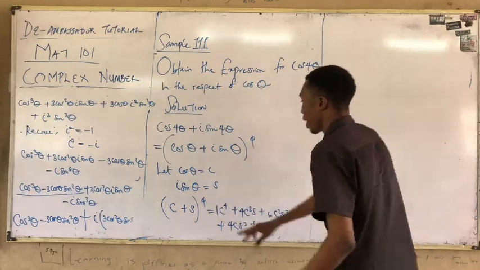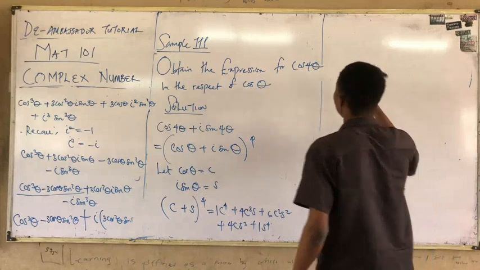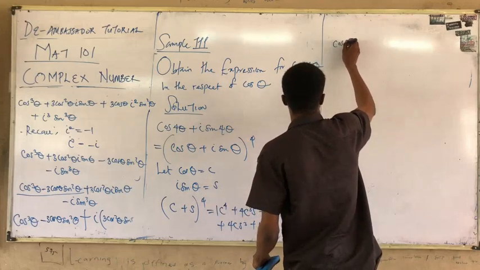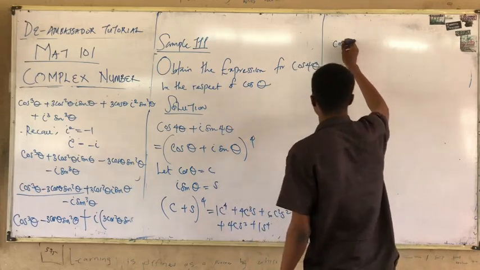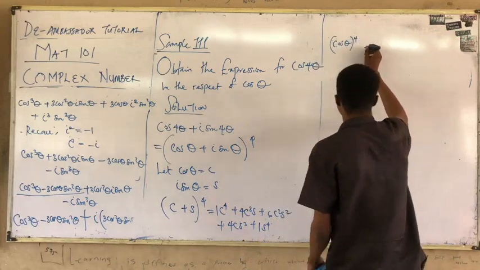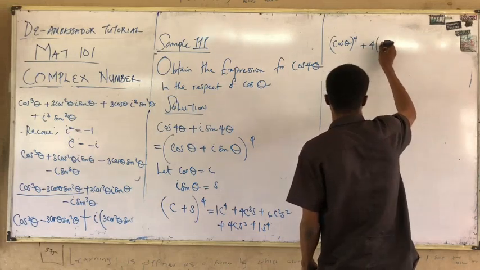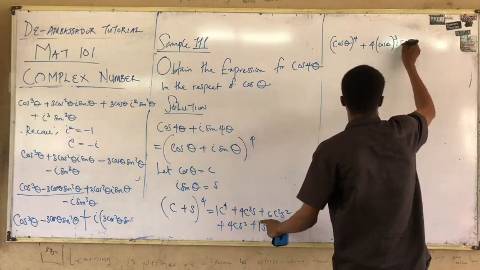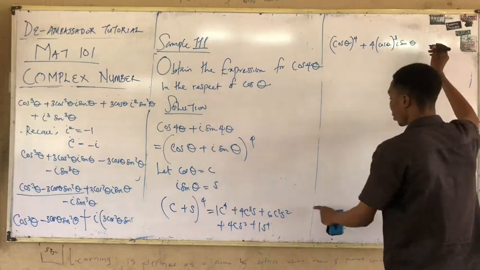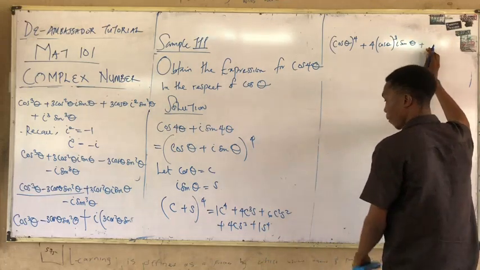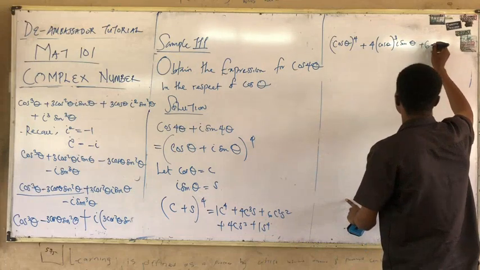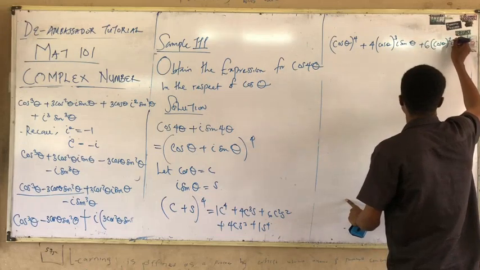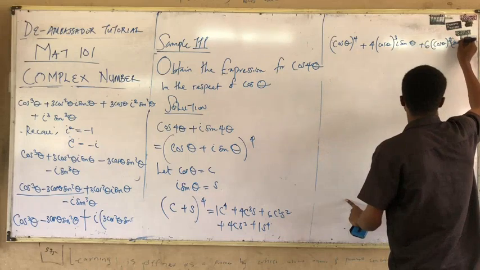So how will I write it now? What's my C, everyone? Cos theta. So we say cos theta in the power of 4, plus 4 cos cube theta, I sin theta. The next one, plus 6 cos theta power of 2, I sin theta all squared.